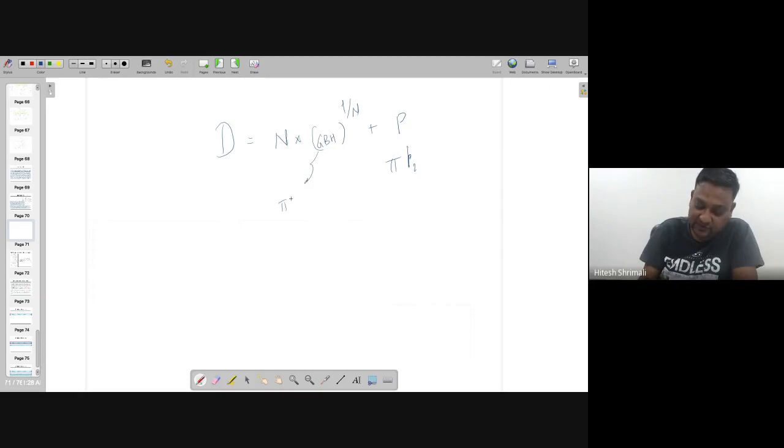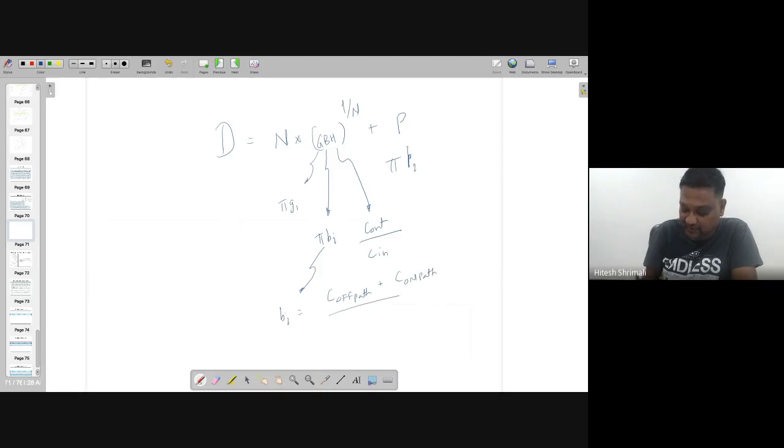This is the multiplication of all logical effort, the multiplication of all branch effort, and this is C out divided by C in, whereas BI is nothing but C off path plus C on path divided by C on path.